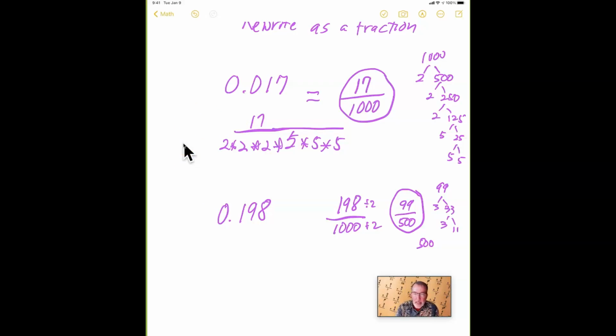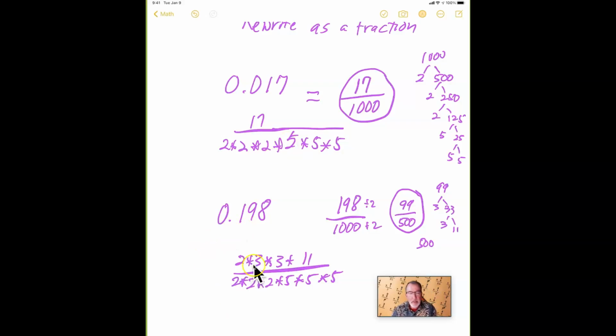We can write this as the prime factorization of 198, which is 2 times 3 times 3 times 11. Let me show it as 3 times 11 over 2 times 2 times 5 times 5 times 5, and there are no factors in common here. If we want to back this all the way up to 198 over 1,000, we would just add another 2 times here, 2 times this and 2 times this.